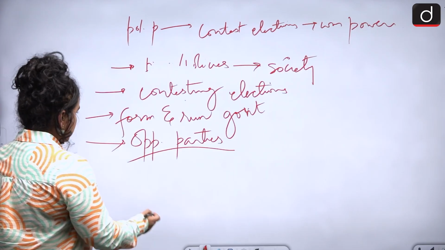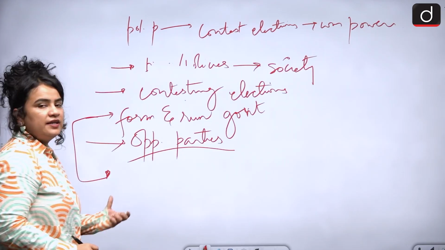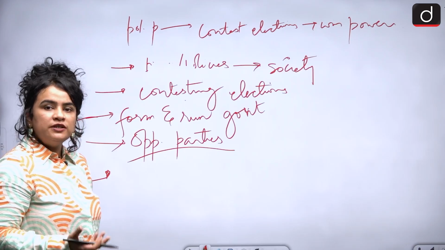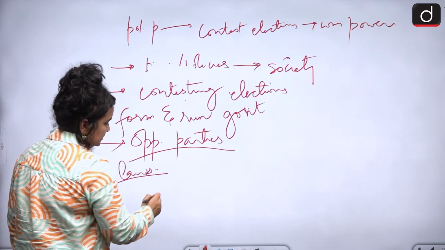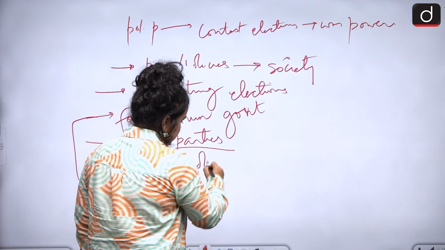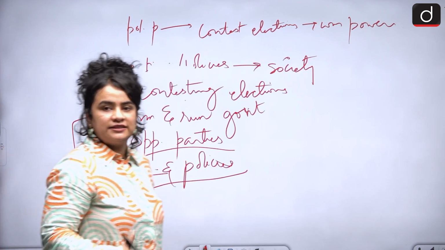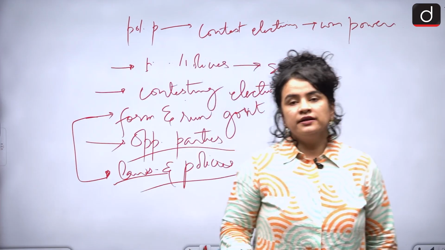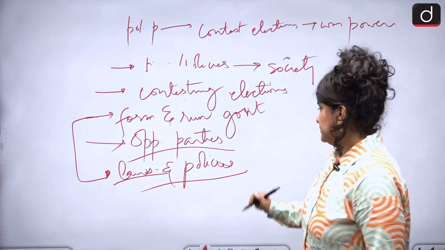All right? Now, as a part of the government and as part of the legislature, what do they do? They also make laws and policies. And these laws and policies, although framed by the legislature, are usually determined by the direction of the ruling party.